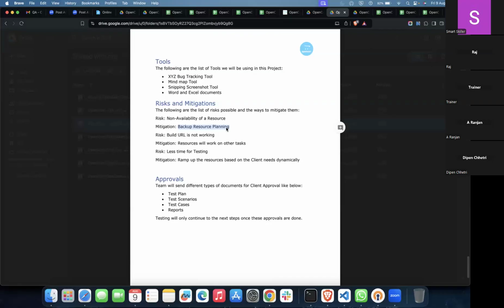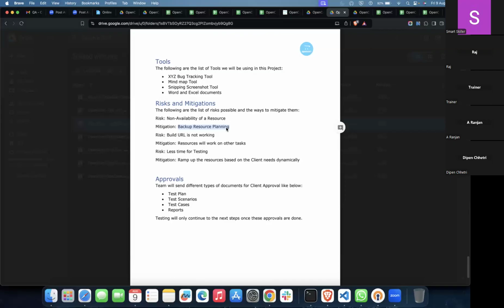So they need to find a backup resource that they can utilize in place of that person. Or they might have to tell the other team members to distribute the workload that was on that specific person among themselves and work on it.